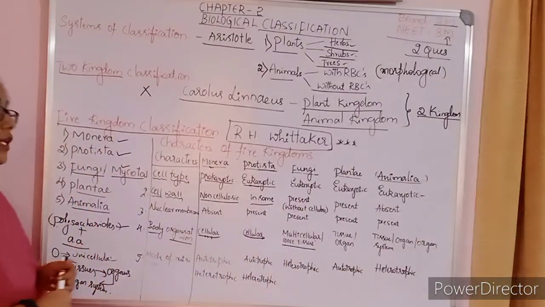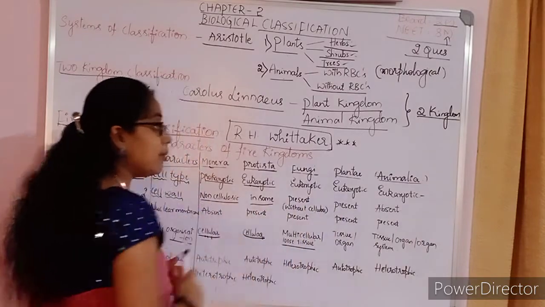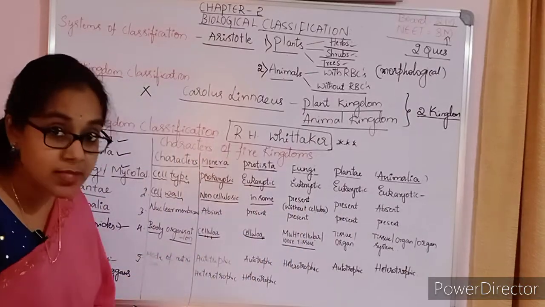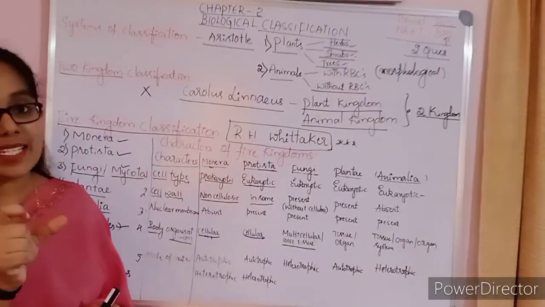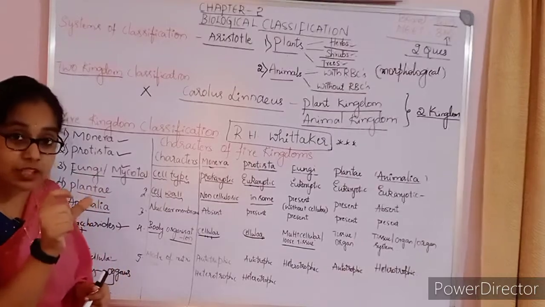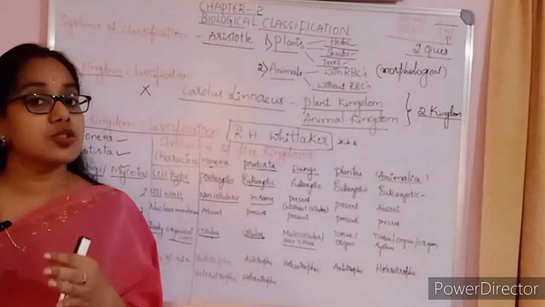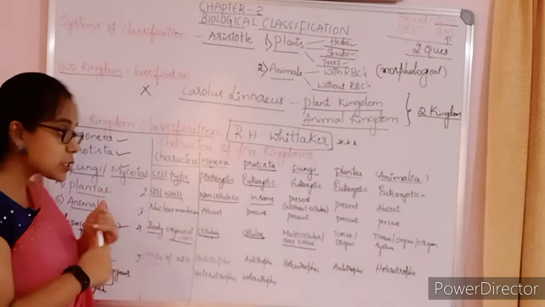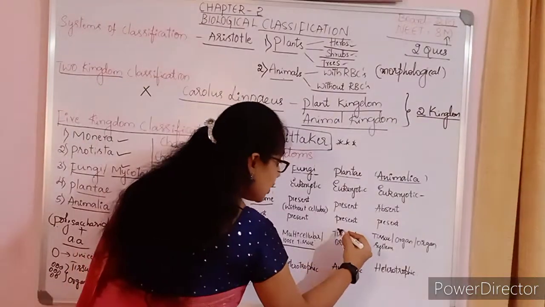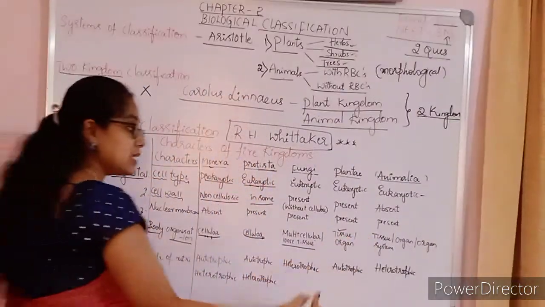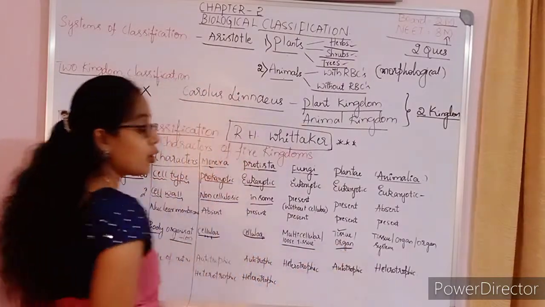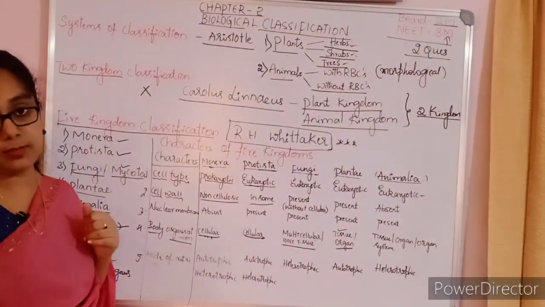Okay, so the organisms coming under Plantae show tissue level of organization, and those tissues have been differentiated into organs. So you can expect both tissue level and organ level of organization.